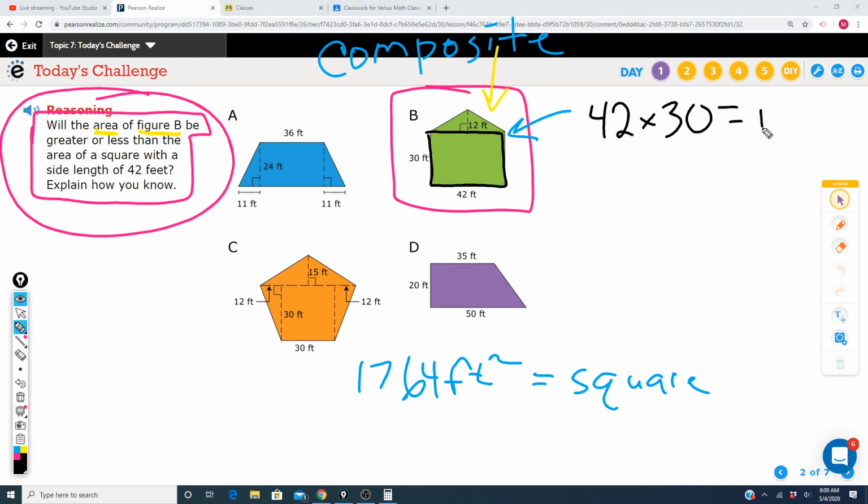Now, is that the entire area? No, not yet. That's just the rectangle. I could write this in here as 1,260. So now we need to find the triangle.